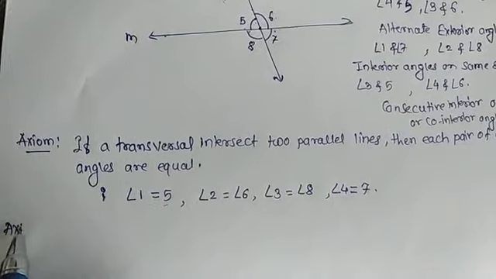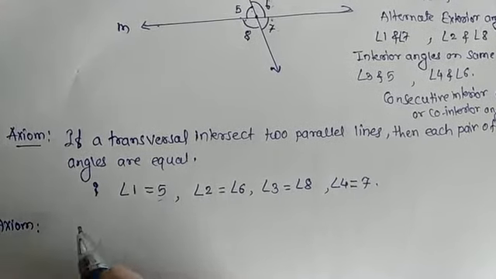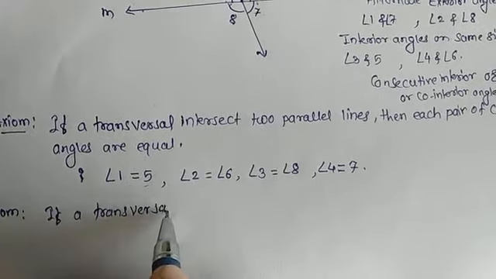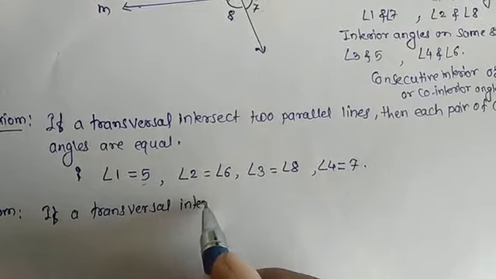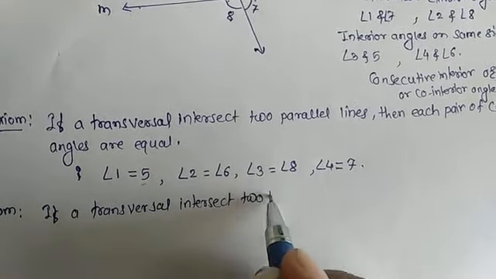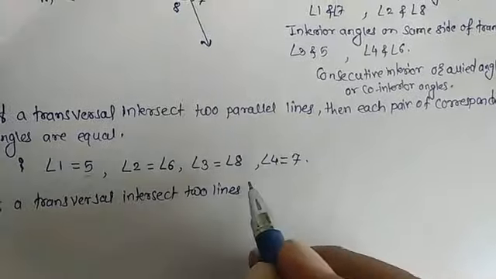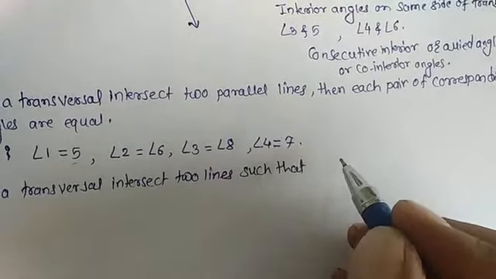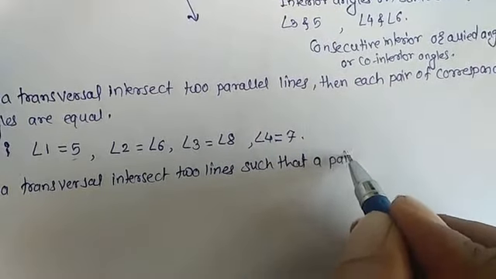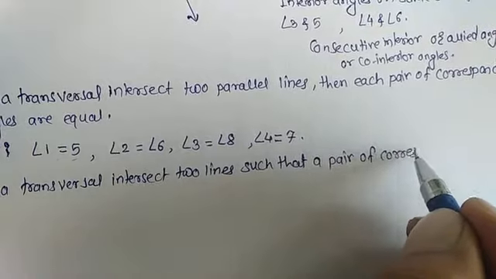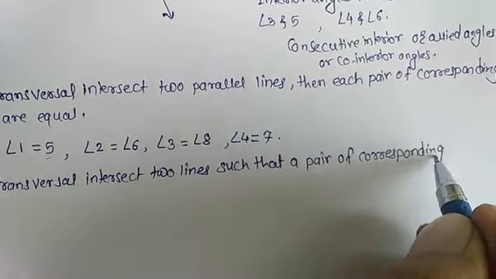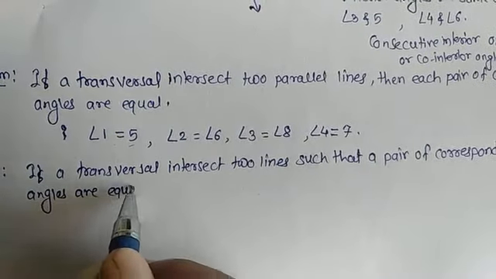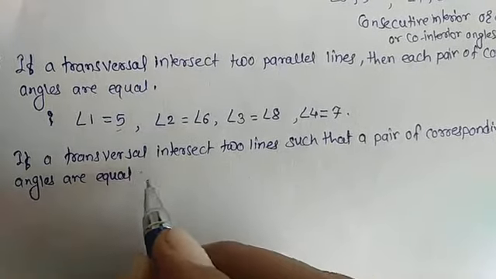The next axiom says that if a transversal intersects two lines such that a pair of corresponding angles are equal, then the two lines are parallel.